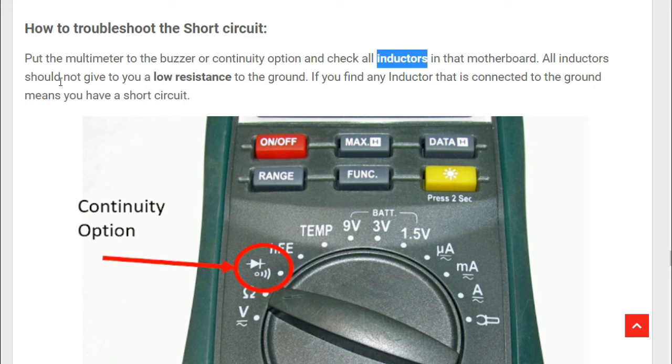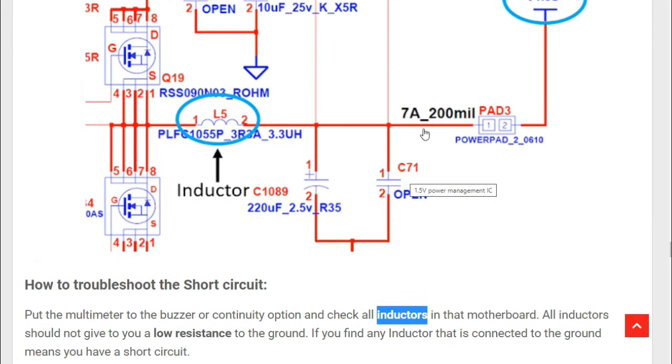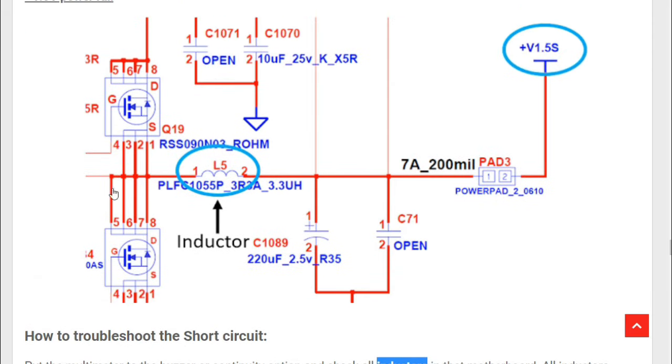All inductors should not give you a low resistance to the ground. If you find an inductor that is connected to the ground, it means automatically you have a short circuit. Then you should check the components around that inductor.